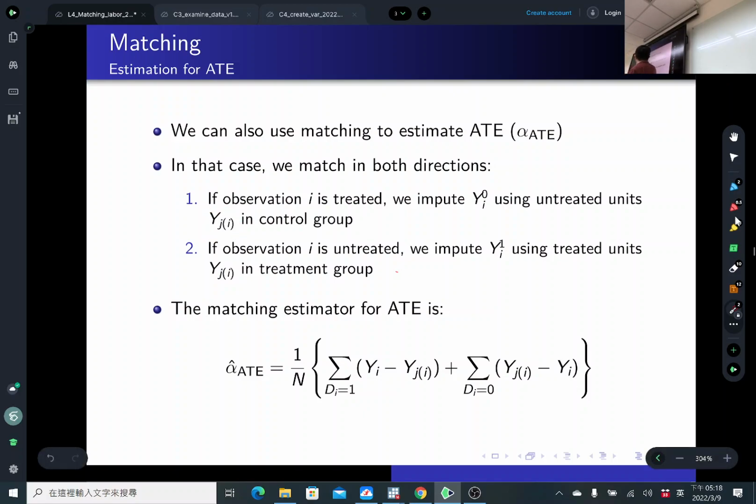And if the observation is untreated, in the control group, you need to impute Y1 using the treatment group. So you do this for the treatment group and for the control group, and sum over the whole sample. You get the causal effect for the whole population, the whole sample. Okay. So any question for this?